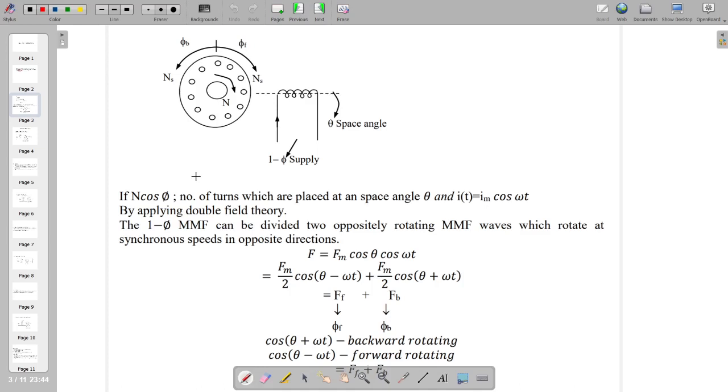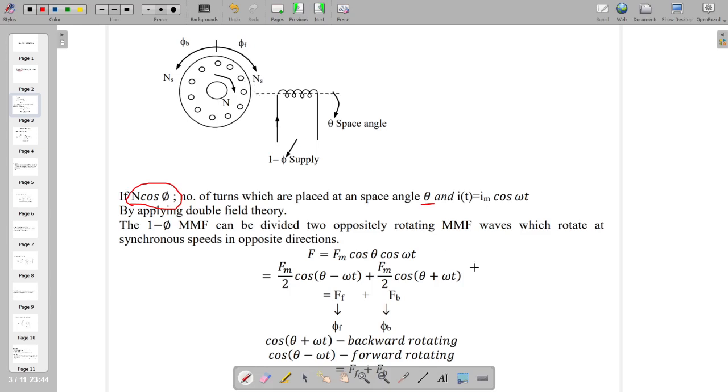Now consider a single phase, single winding induction motor. This is the supply we are going to apply to the single phase induction motor. N into cos theta is the number of turns placed at the space angle of theta.